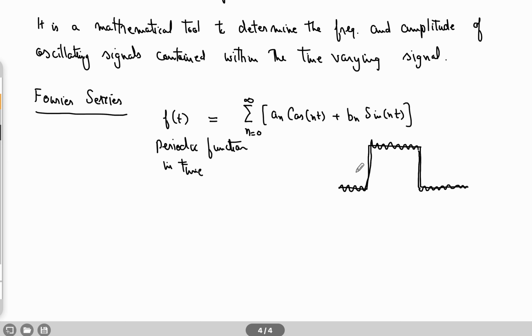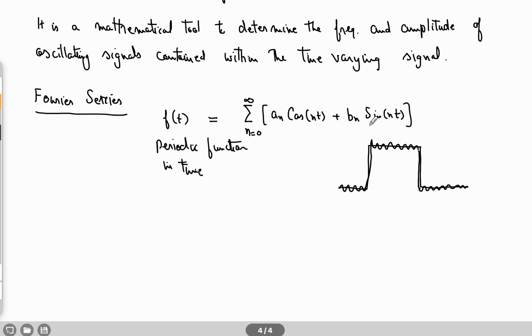So f(t) here is a square wave, and what I have done is decomposed the square wave into a linear combination of sines and cosines with different amplitudes. And now, the more of these sines and cosines we use, the better the fitting will be. That is very easy to understand.